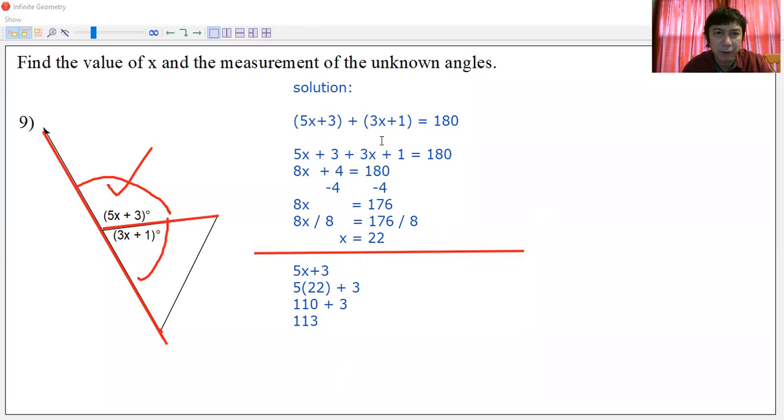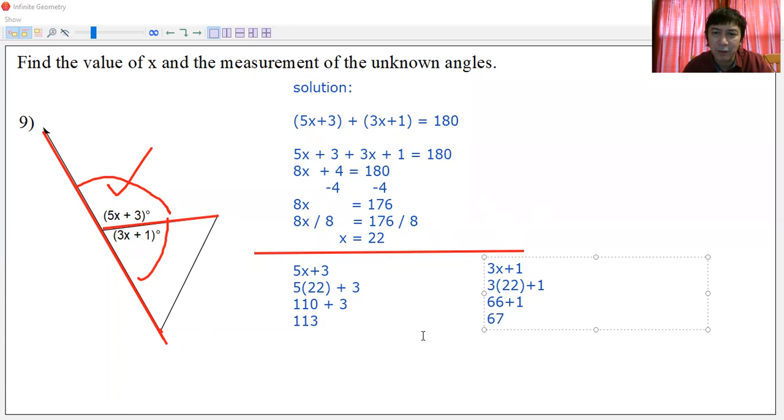Solve for the other angle. The other angle is 3x plus 1. So 3 times 22 plus 1. We have 66 plus 1, and so we have 67 there.